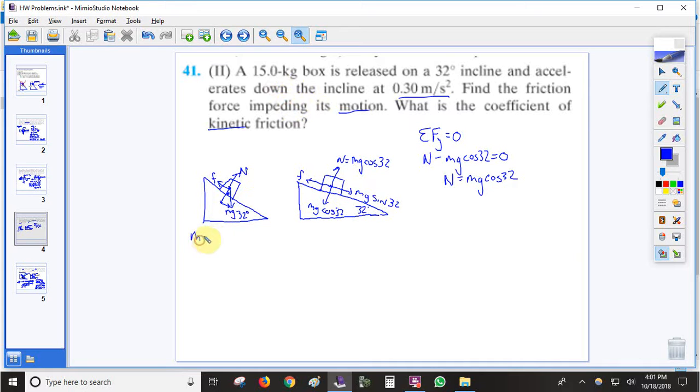So mg equals 15 kilograms times 9.8 meters per second squared, then the weight of this box in newtons is 147 newtons, which means that our normal force is 147 times the cosine of 32, which is equal to, let's do that real quick, 124.66.